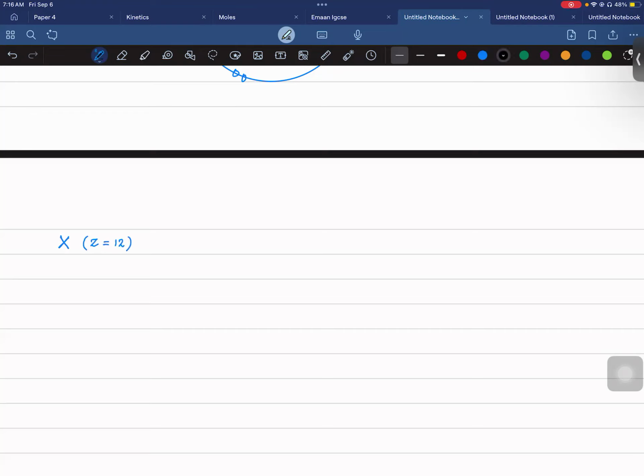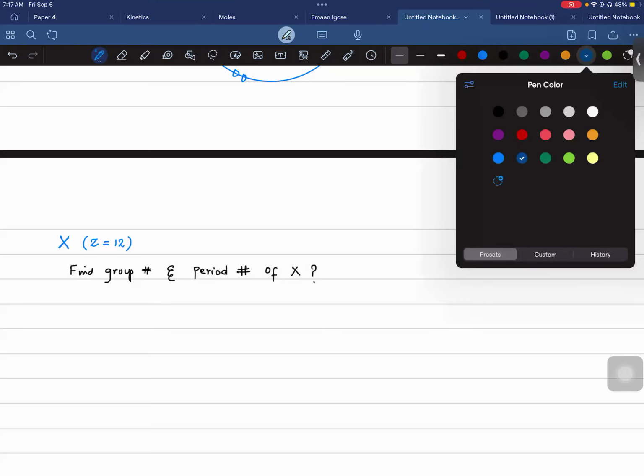I'm asking you to find the group number and also the period number of X. So first of all, you are supposed to write down the electronic configuration of this X.